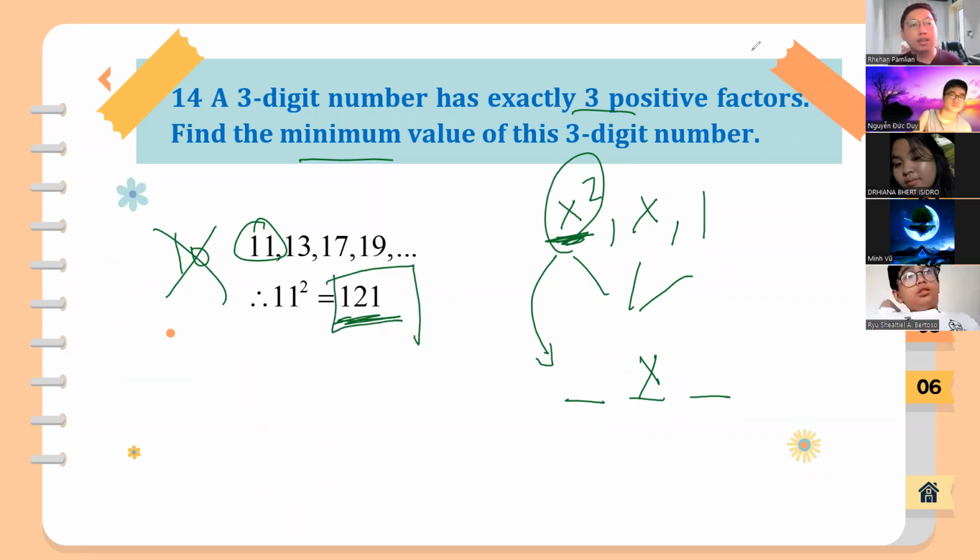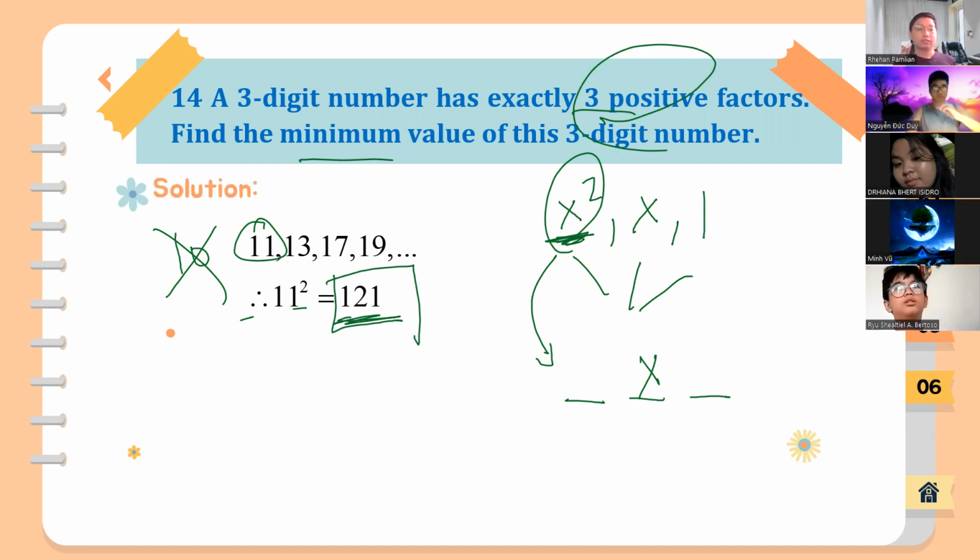To get exactly 3 positive factors, the number that you are going to square must be a prime. So here, the smallest one is 11 squared, which is 121. Did you guys understand? Okay, good.